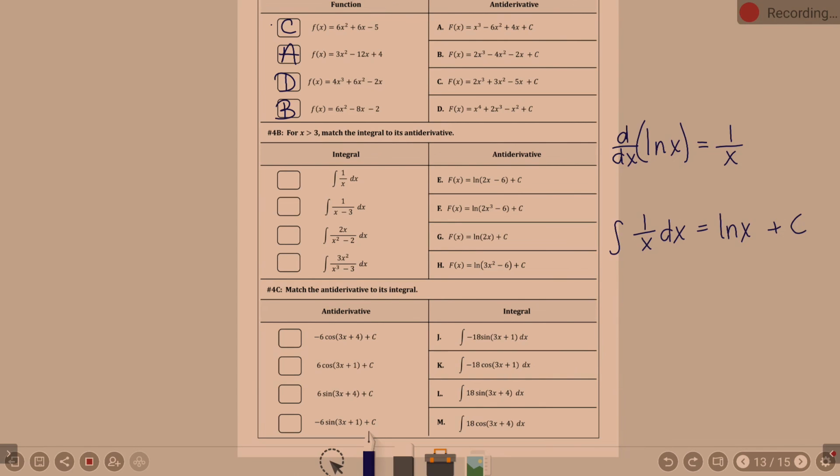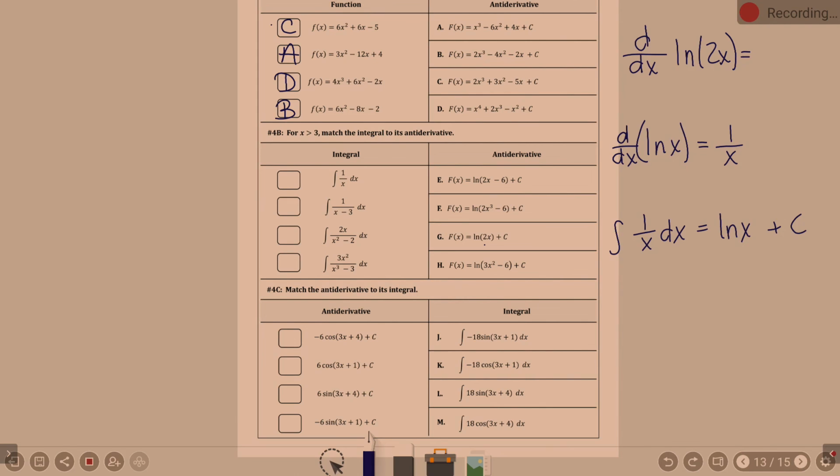Now, why would you pick G? I mean, it's multiple choice here, matching. And here's the deal: this denominator is x. None of these others have plus and minus here, right? But look at this one with me, I'm just doing some side work. If we do the derivative of the natural log of 2x, see how this works?